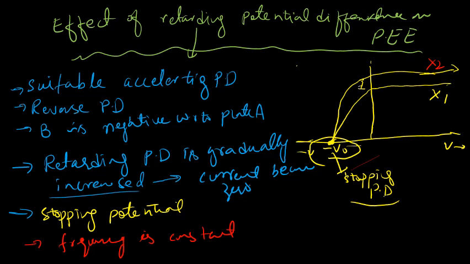So the stopping potential is that potential which will stop the electron of only the maximum kinetic energy, and it can be written as 1/2 mv square maximum, where v is the maximum velocity of the electron, and it equals eV naught. Here e is the charge on the electron and V naught is the stopping potential difference.